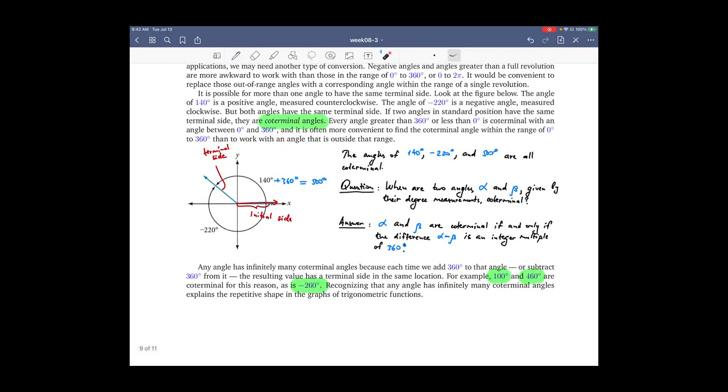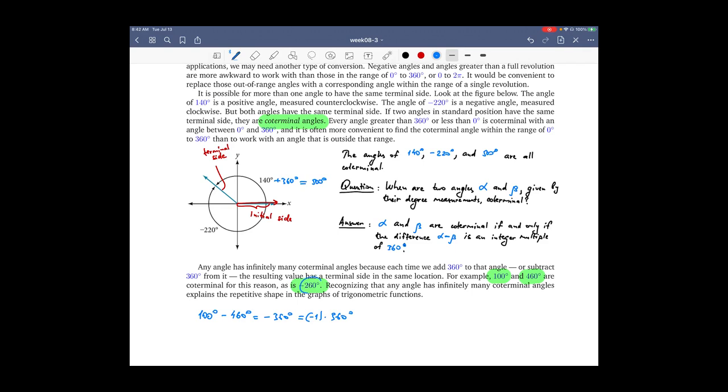Note, for instance, here that 100 and 460 are coterminal because the difference 100 minus 460 is negative 1 times 360. It's an integer multiple of 360.